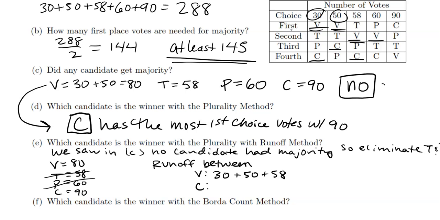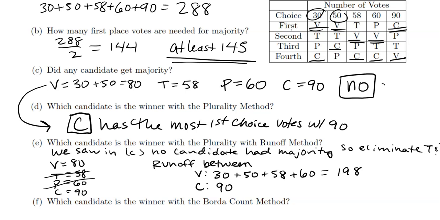In the next column, V is preferred to C, so they get the 60. And in the last column, C is preferred, so C gets 90. Even without adding them up, we can clearly see that V got more of those votes. If we do add it, 30 and 50 is 80, with 60 is another 140, so we're at 198.